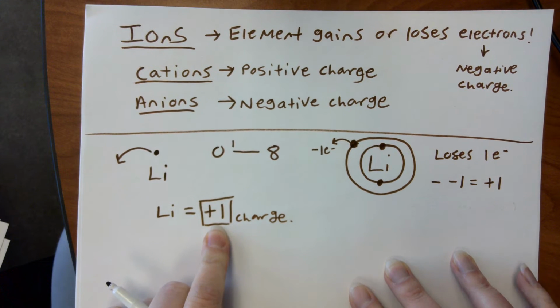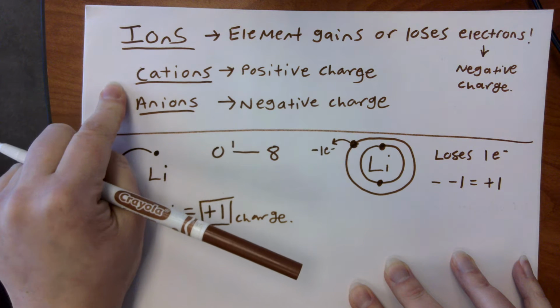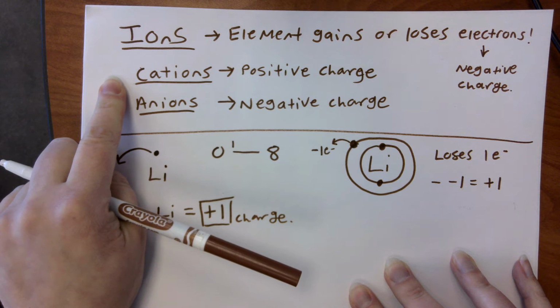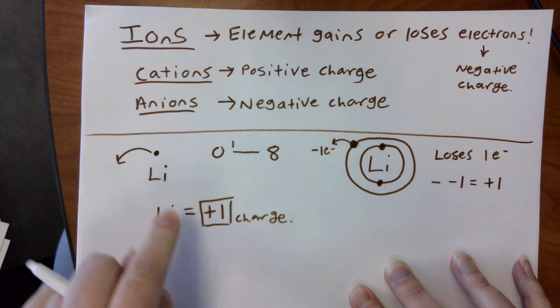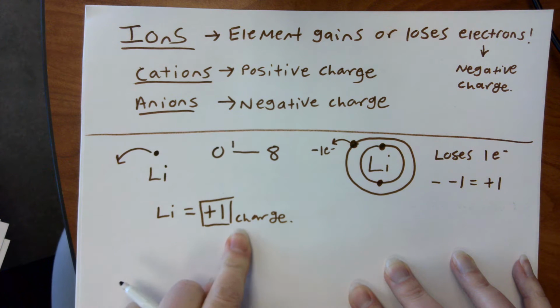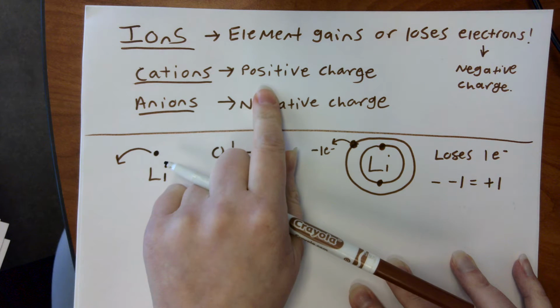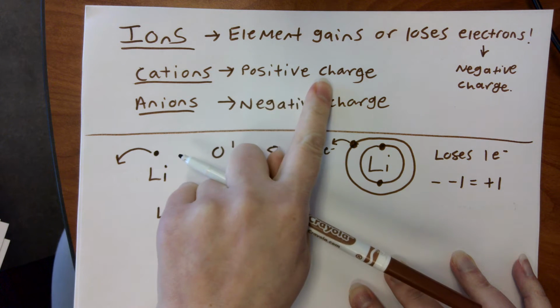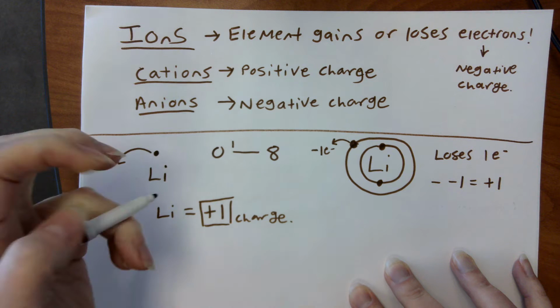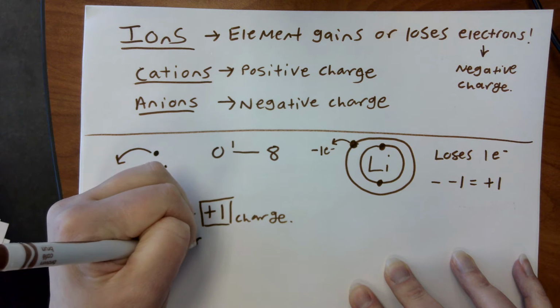Let's go back to what we were talking about with ions and what types there are. There's cations and anions. If lithium has a +1 charge now, that means it has a positive charge, so lithium becomes a cation.